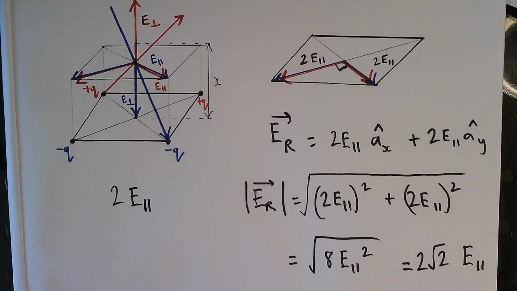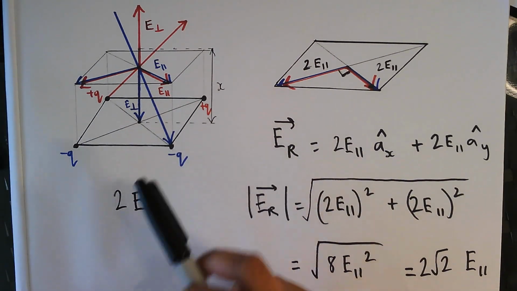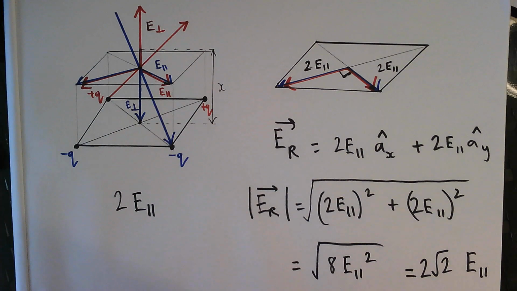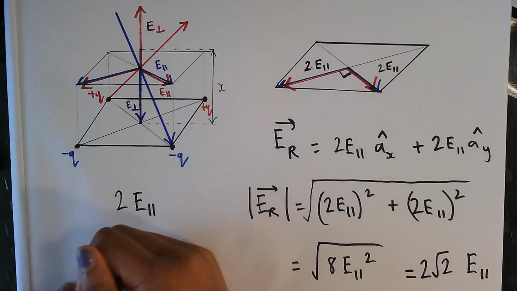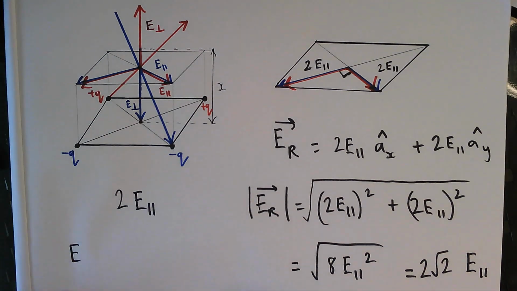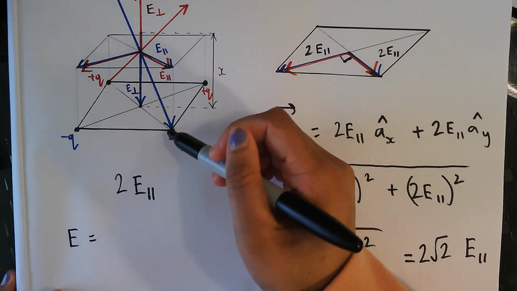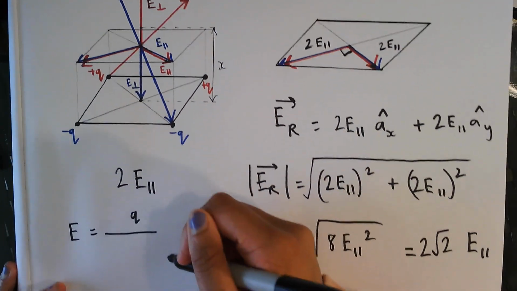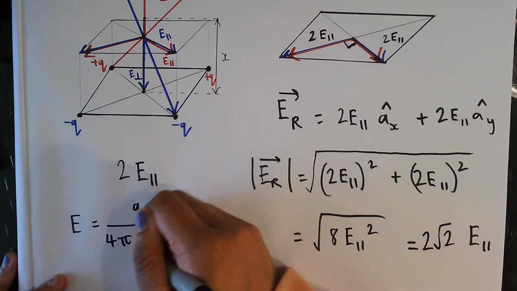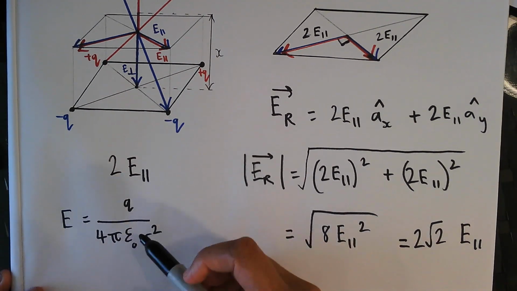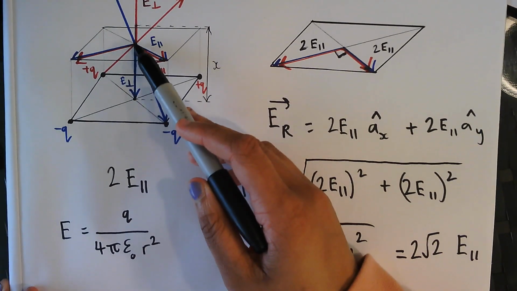and we can do that easily if we come back to this diagram here. So we know that the electric field caused by any one of these points, if I call that E, I know that E is equal to Q, so one of the charges, over 4 pi epsilon naught r squared, where r is the distance between that charge and this point here.